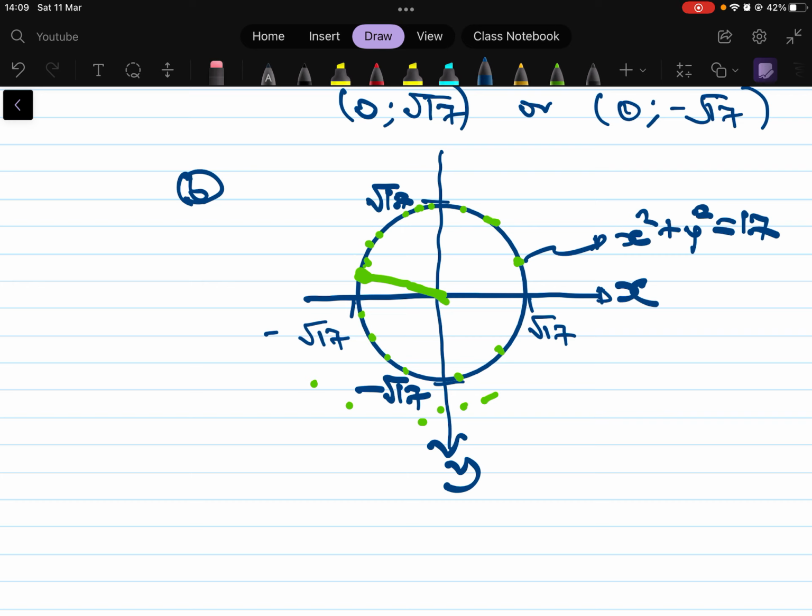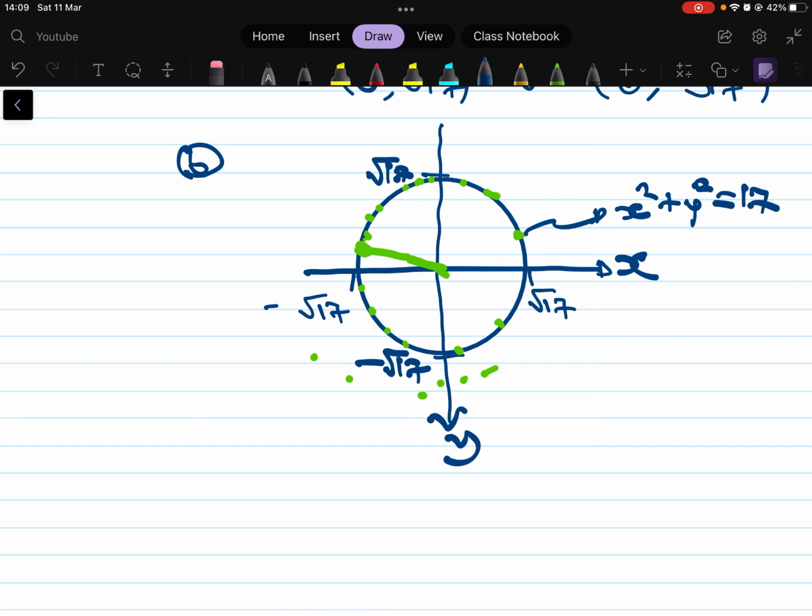So think of anything which is less than the square root of 17 and try to check if its two coordinate values are actually integers. So how are we going to go about that? First, we need to know what this square root of 17 is. The square root of 17 is 4.12 something like that.